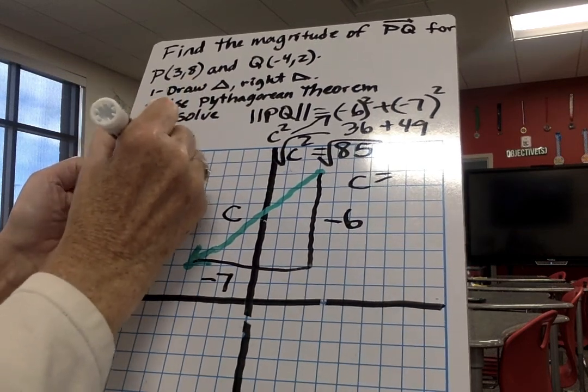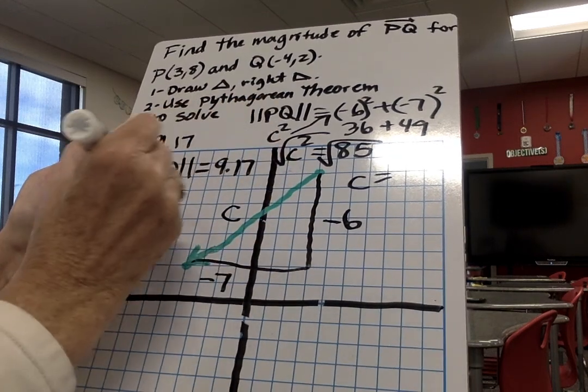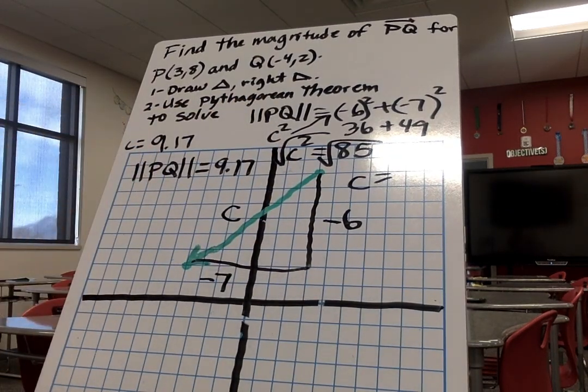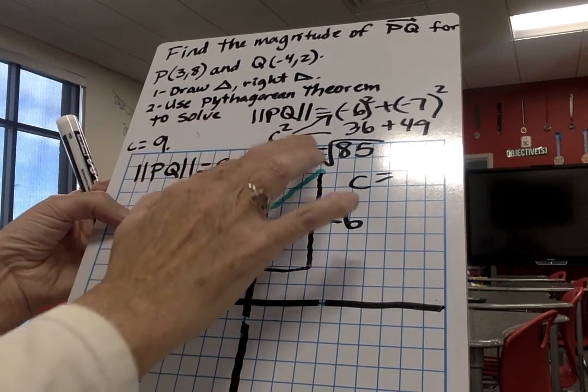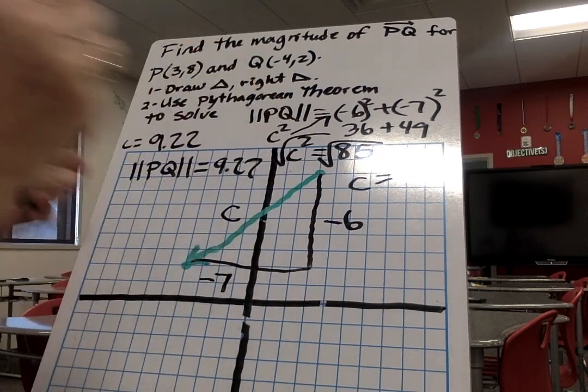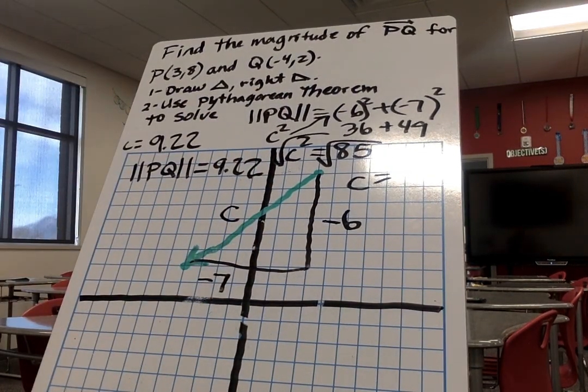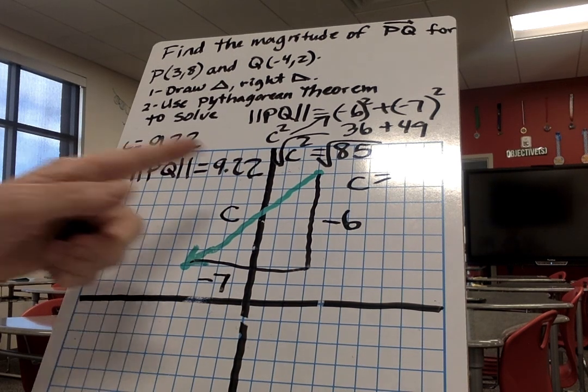So the magnitude of PQ equals 9.17. And I don't think we have any units. Oh, now it says it's 9.22. Let me double check on the calculator. So again, the square root of 85 is 9.22 rounded to the nearest hundredth.